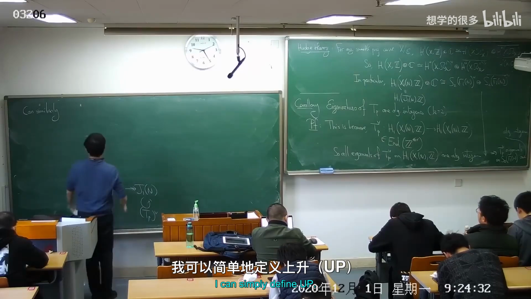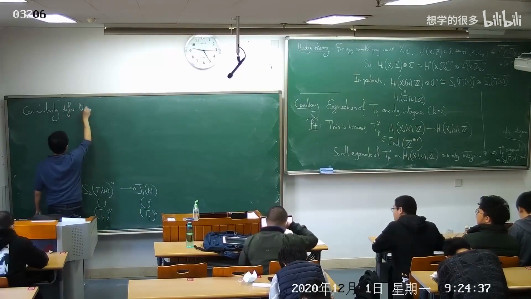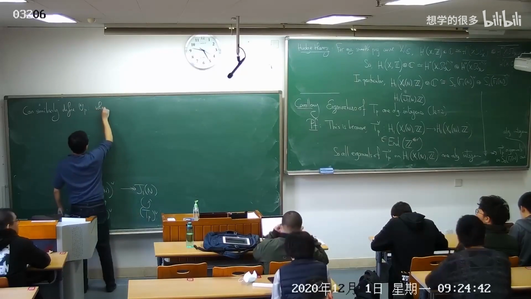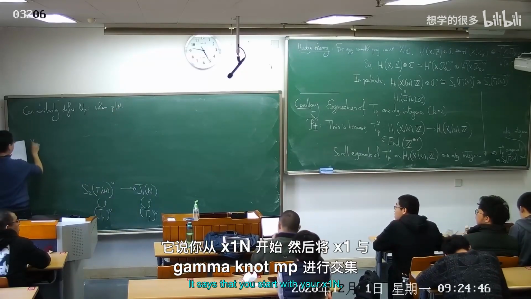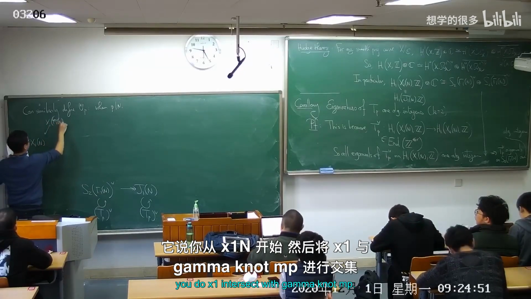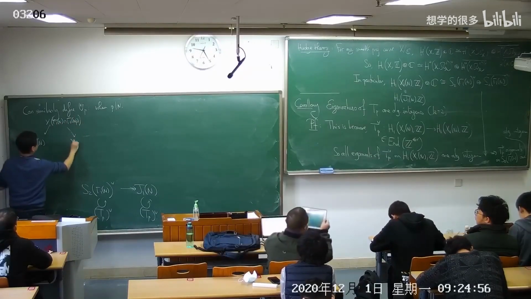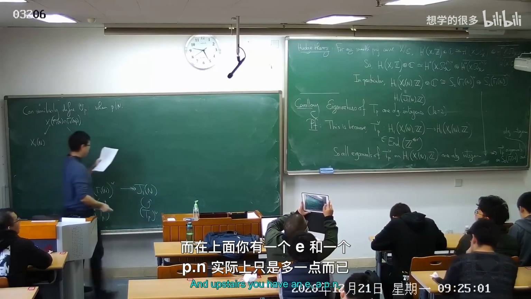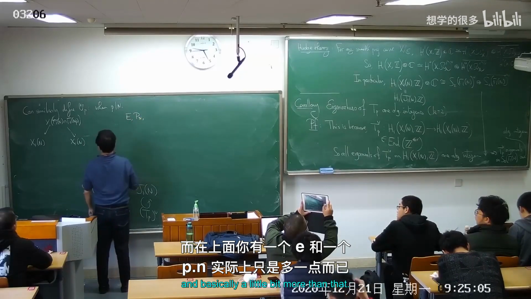I can simply define U_p. Basically, when p divides N, that's basically the same thing, in the sense that you start with your X1(N), you do X1 intersect with gamma naught M_p. And upstairs you have an E, a P_n, and basically a little bit more than that.